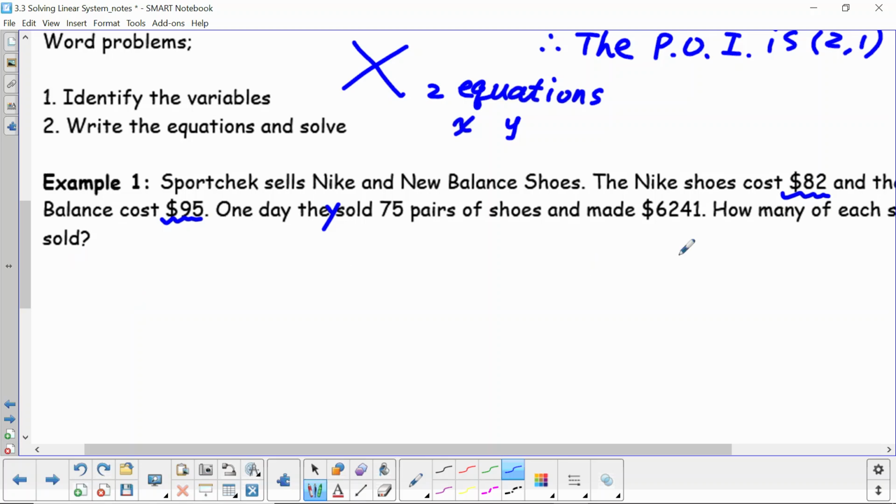So based on the question, we are going to introduce the two variables.